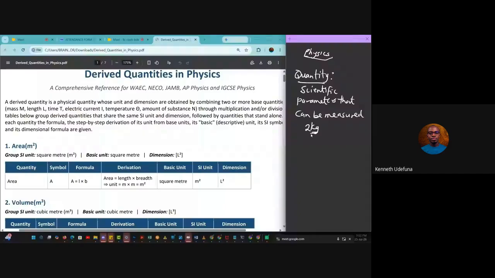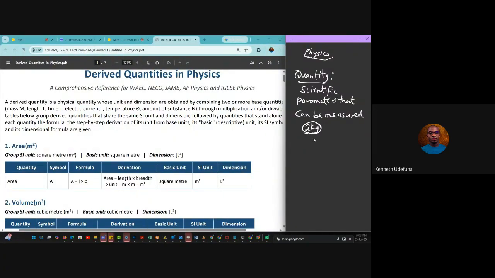Anything that can be measured must include two things, number and SI unit. It is true that some quantities don't have SI units, but most of them do.